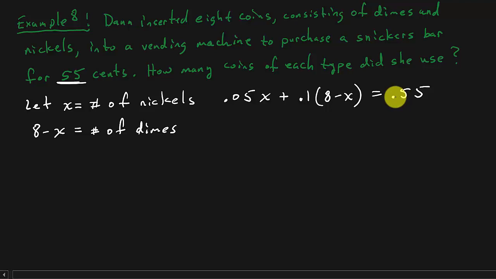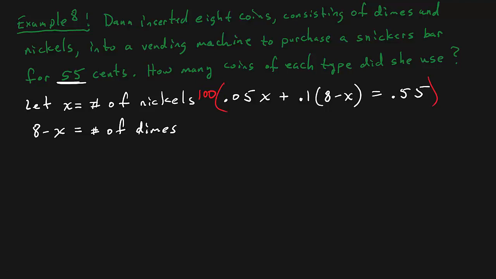So now I have another equation with decimals. Man, let me tell you, if you've been watching all these videos I've been doing, you're going to be good at solving equations with decimals. All right, so we got to get rid of the decimals. We're going to multiply everything by 100. So that moves the decimal 2 places to the right.